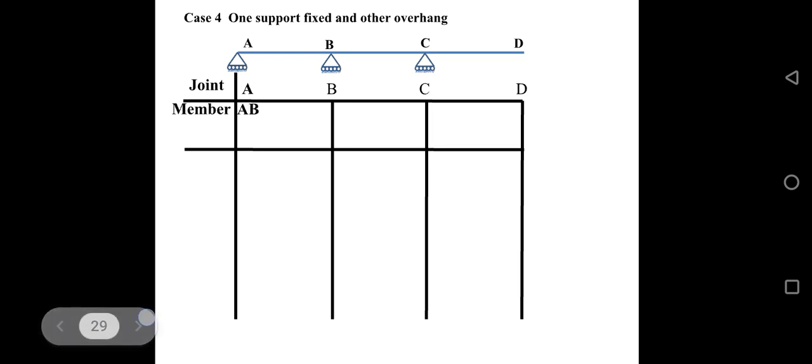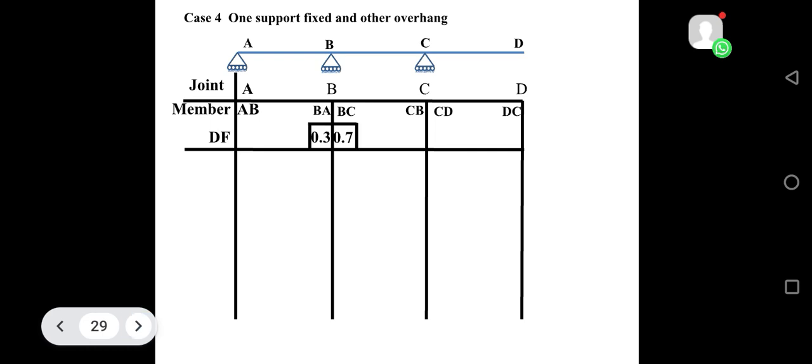Again, similarly you can write the joints as well as the members, and you can write the distribution factors. Remember that the distribution factor needs to be calculated at joint B, where the factor will be 3 by L for member BA and 3 by L for member BC. But for joint C, you can observe there is an overhanging portion, that is CD, and for that the factor is 0.